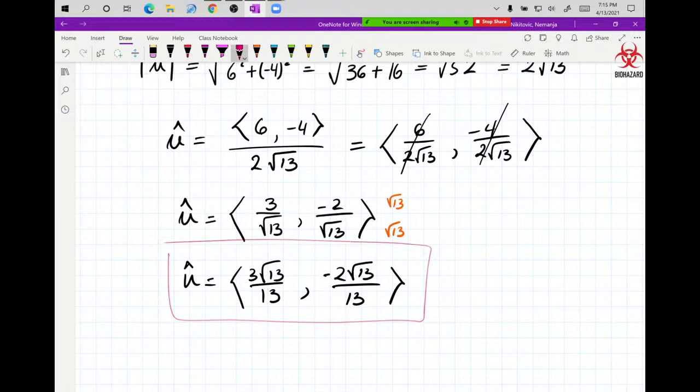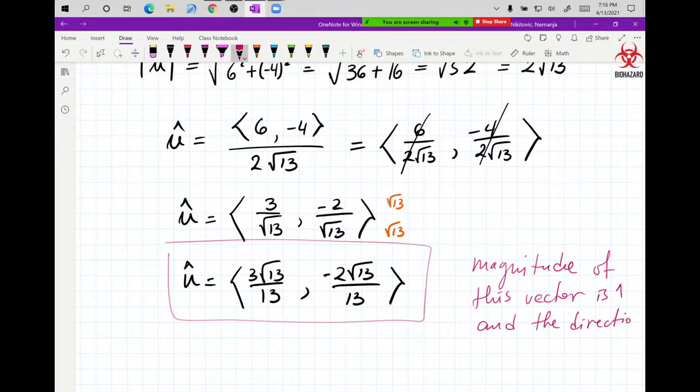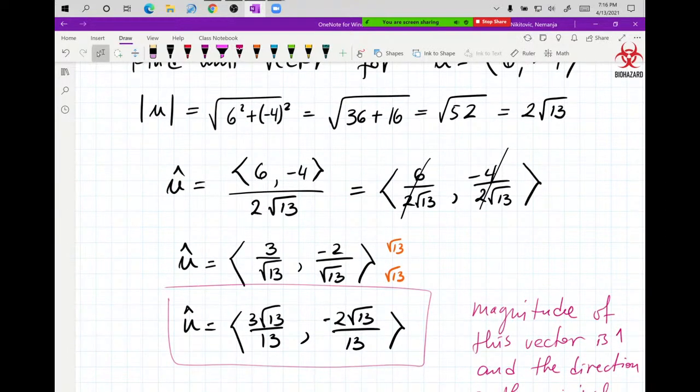Magnitude of this vector is 1. And the direction is the same as u. So we calculated the magnitude of the original vector, and we see that the magnitude of the original vector is 2 root 13.